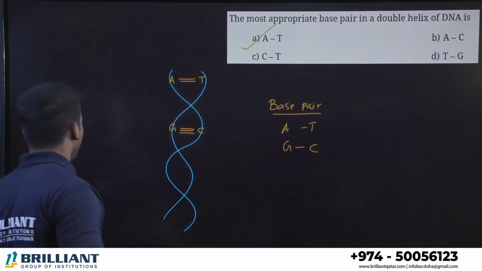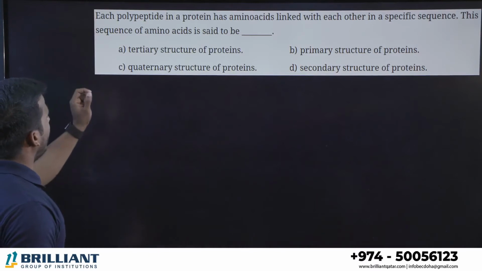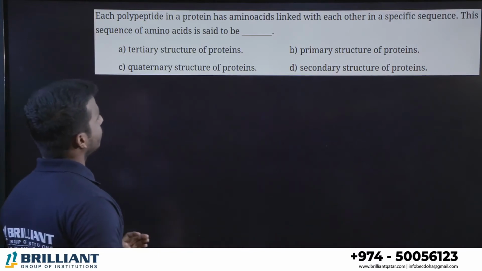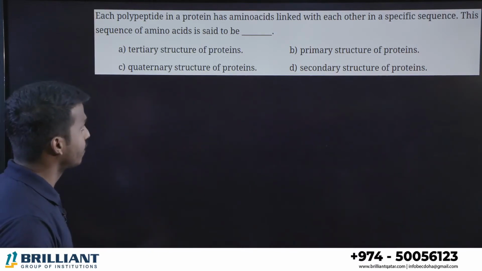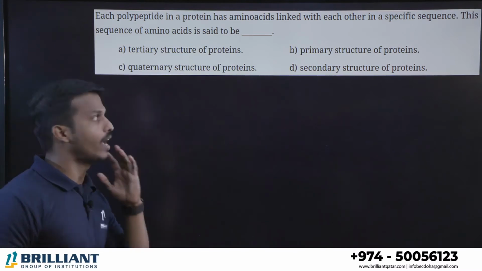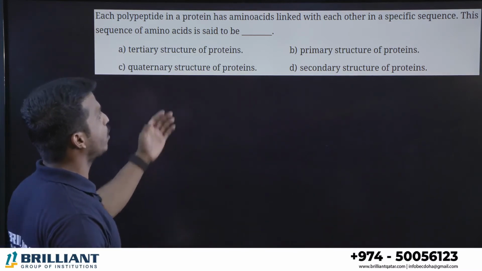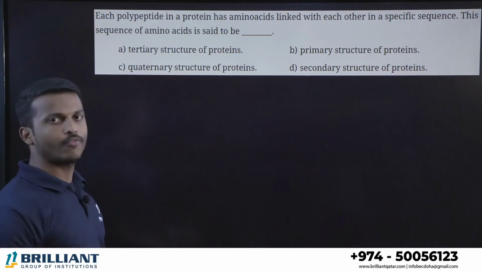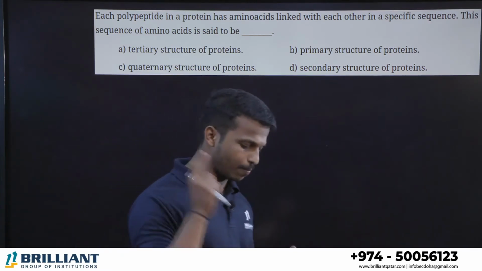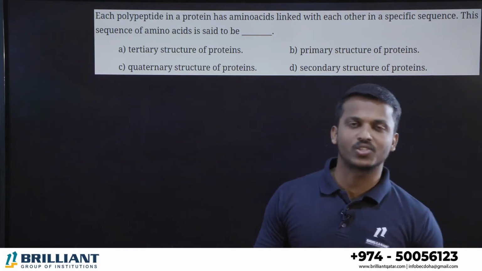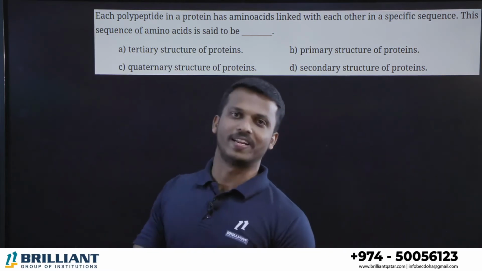No. Then each polypeptide in a protein has amino acids, right? Proteins contain amino acids. They are linked with each other in a specific sequence. This sequence of amino acids is known as whether primary structure, secondary structure, tertiary structure or quaternary structure.